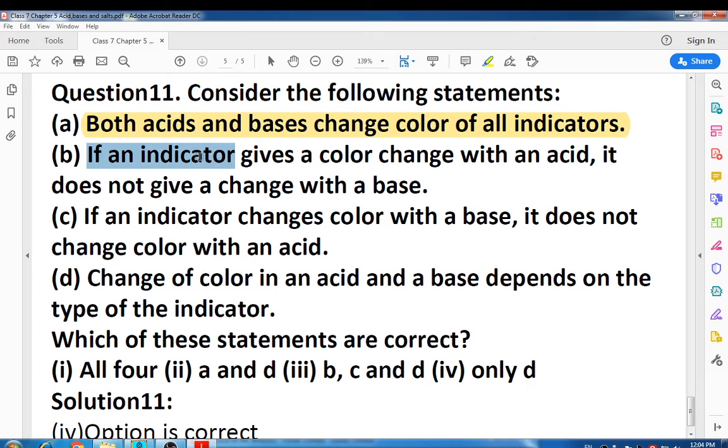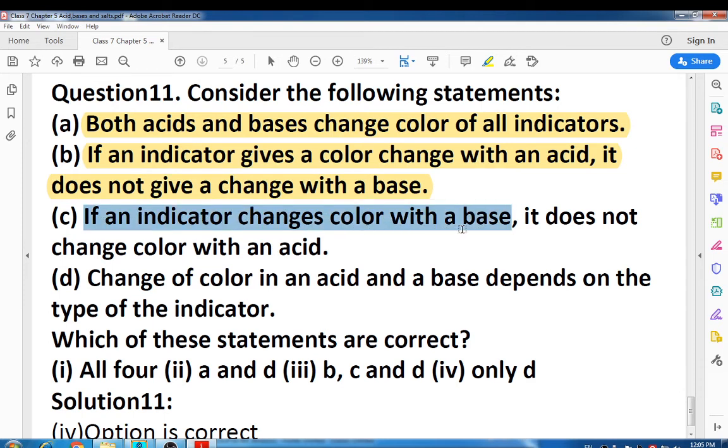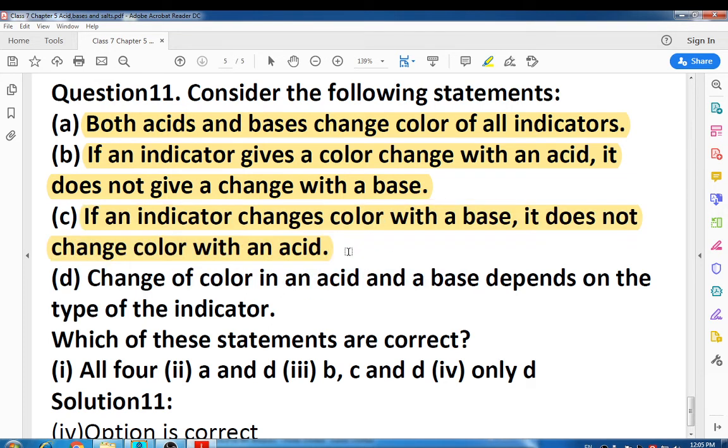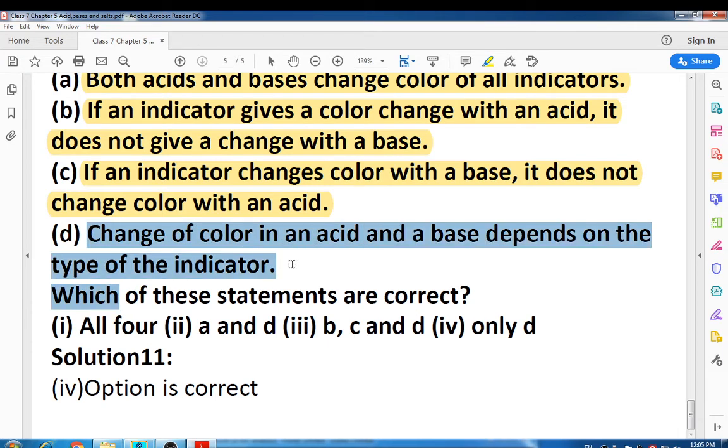B: If an indicator gives a color change with an acid, it does not give a change with the base. C: If an indicator changes color with a base, it does not change color with an acid. D: Change of color in an acid and base depends on the type of indicator. So which of these statements are correct?